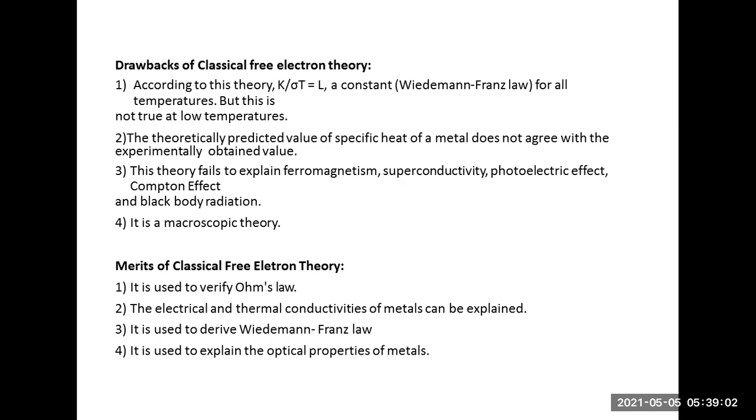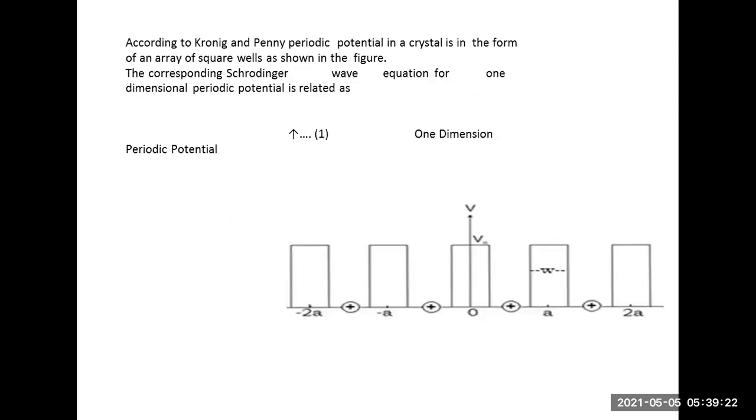With this assumption, there are also important phenomena which cannot be explained: ferromagnetism, superconductivity, the photoelectric effect, and the Compton effect. We had a discussion on this in the last class. With these few words of previous class revision, we move to the Kronig-Penney model.